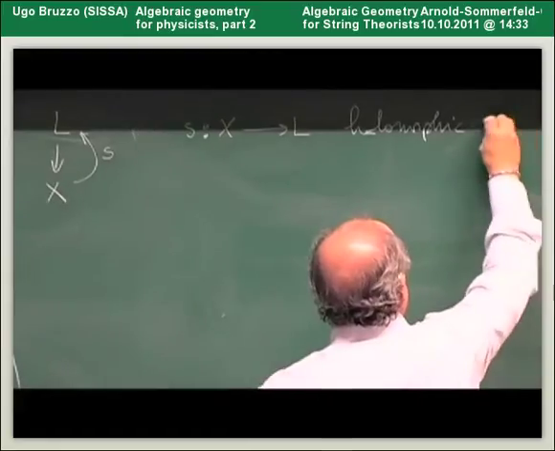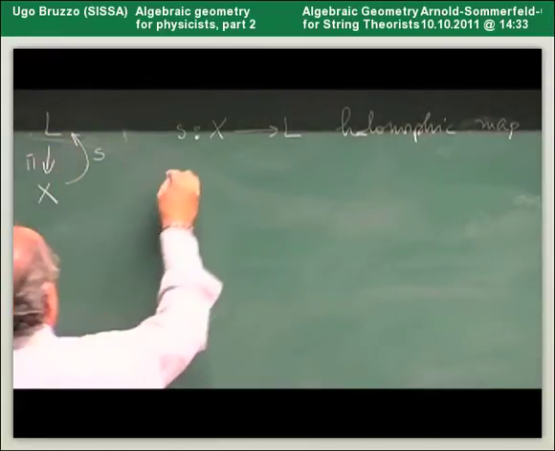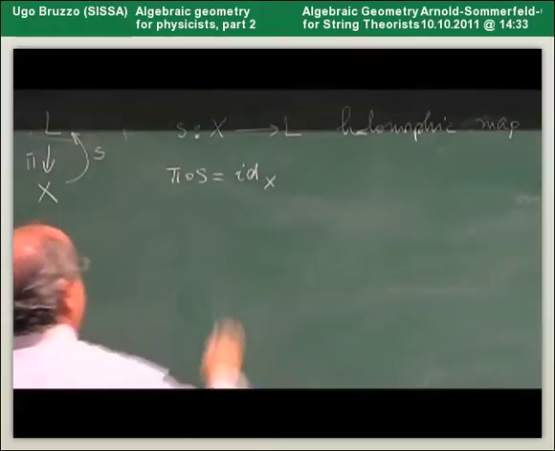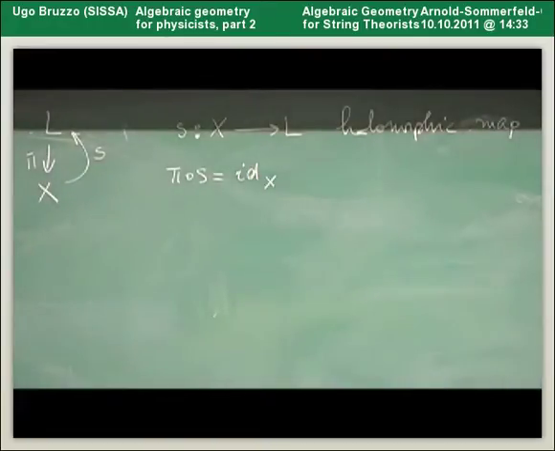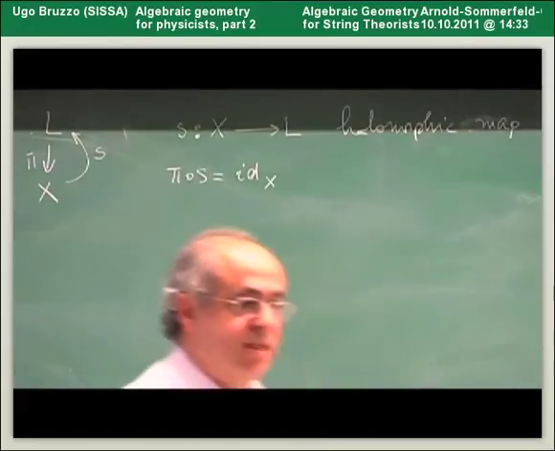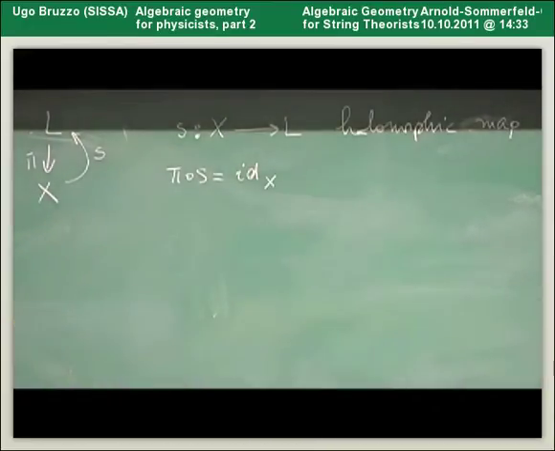such that, here we have the projection, when I compose with the projection, I get the identity. By the way, notice that I'm not saying that such sections always exist, because they don't always exist, but let's assume we have one.